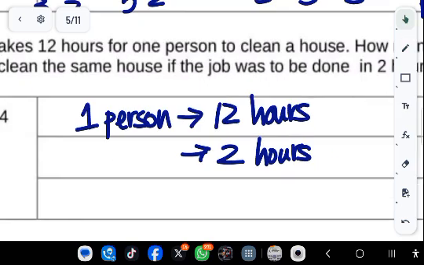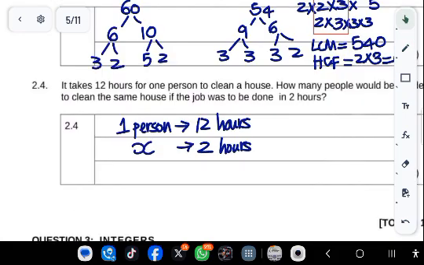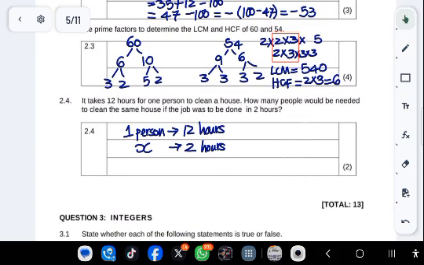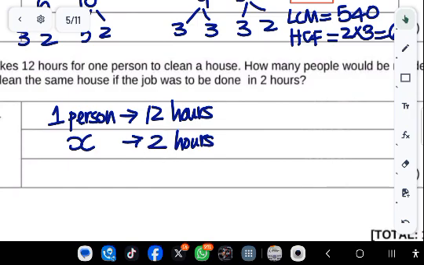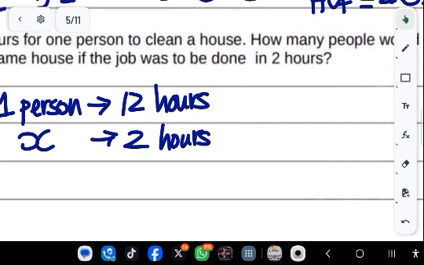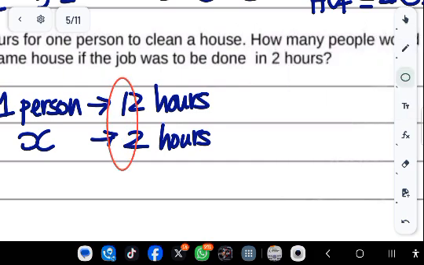This is a fraction type of question. How many people? It's not an AND method. So what you do is you find the ratio of the hours spent.